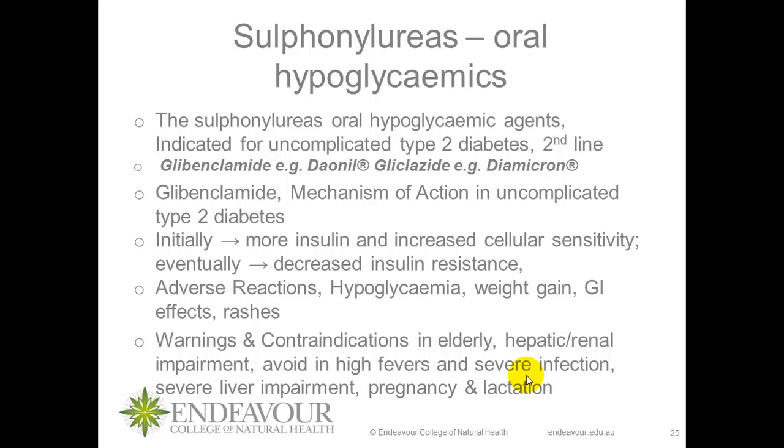Glibenclamide, sold under the brand name Daonil, and gliclazide, Diamicron. We'll look at glibenclamide as the prototype for this type of oral hypoglycemic.